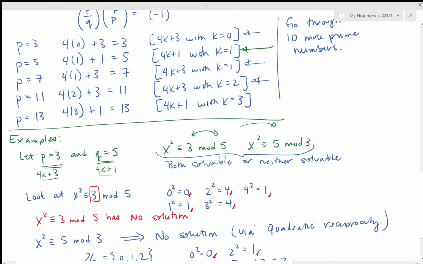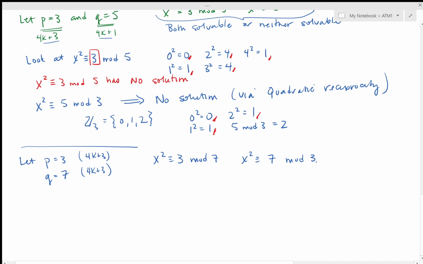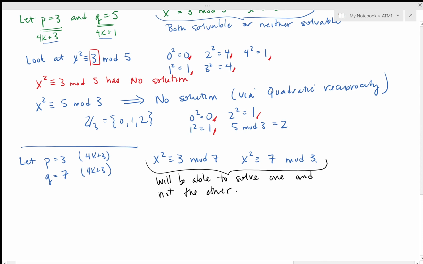So immediately, via the law of quadratic reciprocity, I know that I will be able to solve one and not the other. I don't know the solution to either one of them, but I do know that if I can solve one, I won't be able to solve the other one.